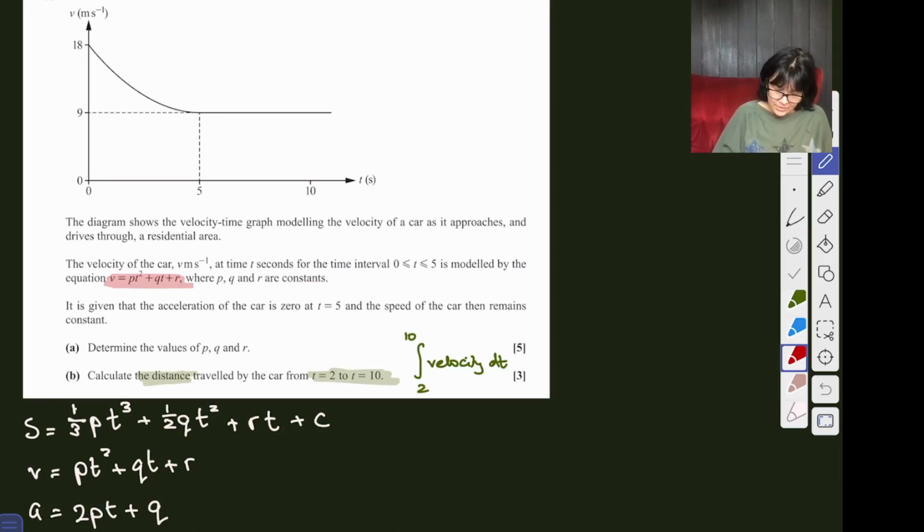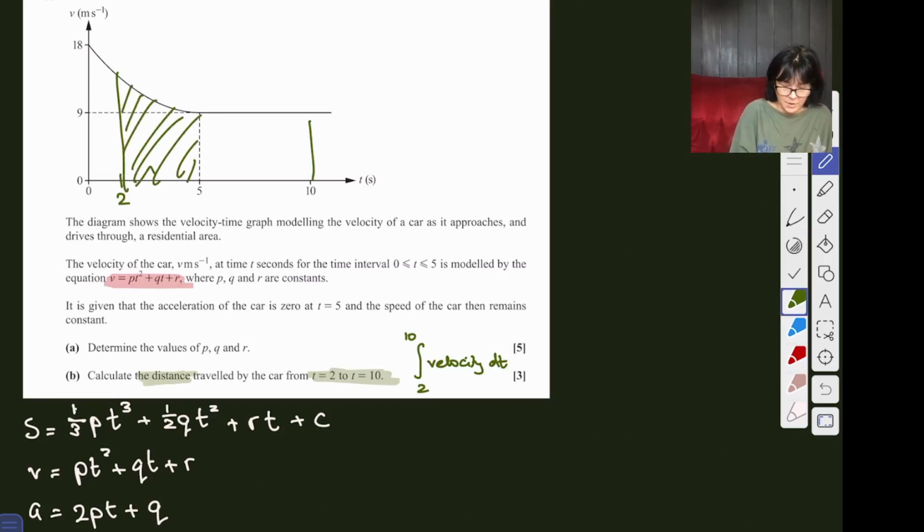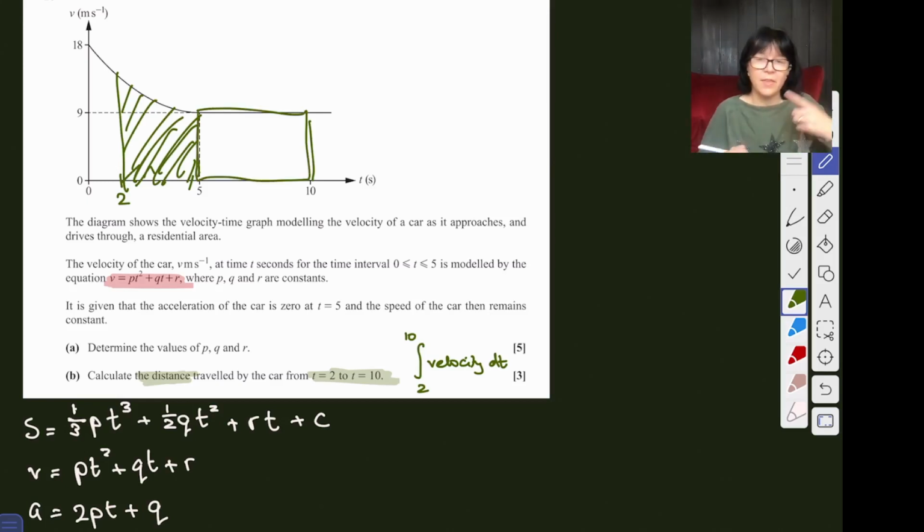Okay, now this one, 2 to 10, we can see that there's not going to be a problem because 2 is here and 10 is there, and we're going to find that area by integrating the velocity from 2 to 5, and then this is a rectangle. So because they gave me the VT graph, I don't have to worry about the VT graph going negative, which means the particle changed direction, which means I have to be careful with distance because they gave it to me.